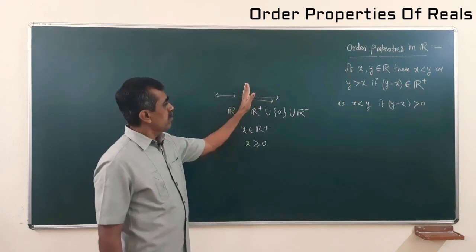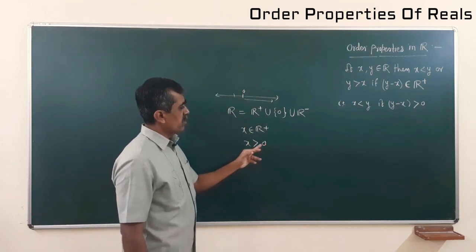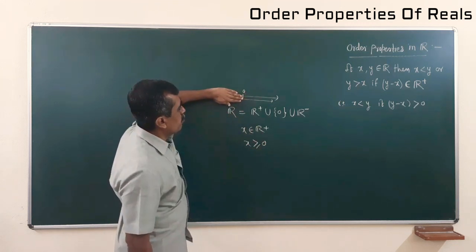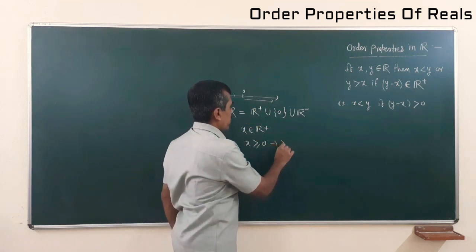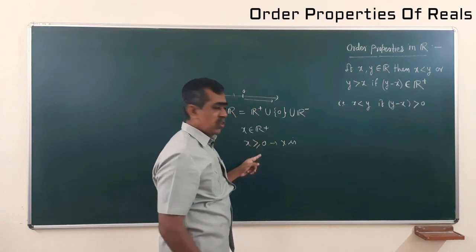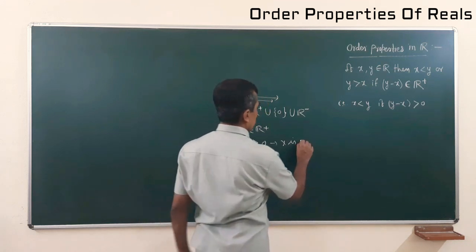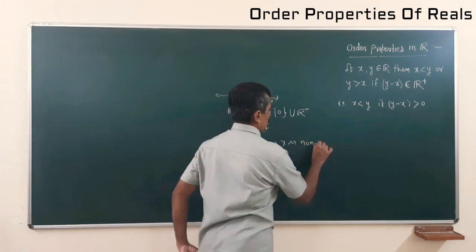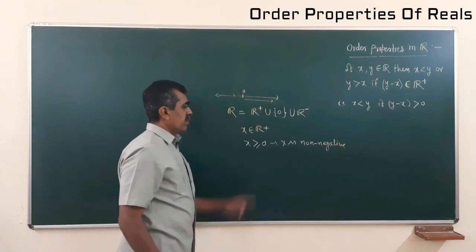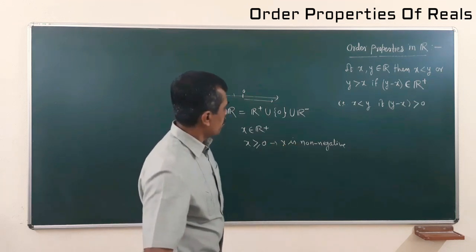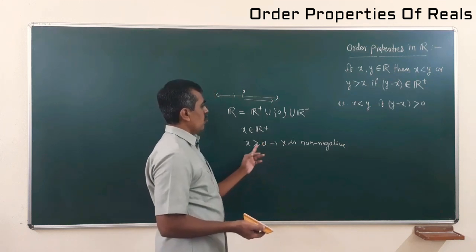So if x is positive or 0, it means it is not negative. So x is non-negative. So x greater than or equal to 0 means x is non-negative. Remember this, many times we are going to use this concept.